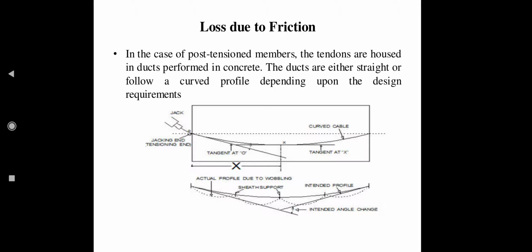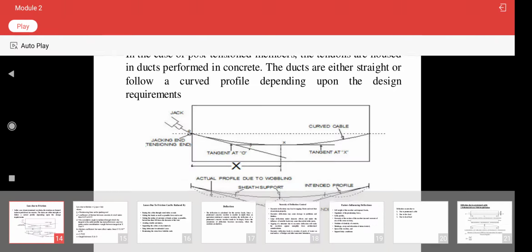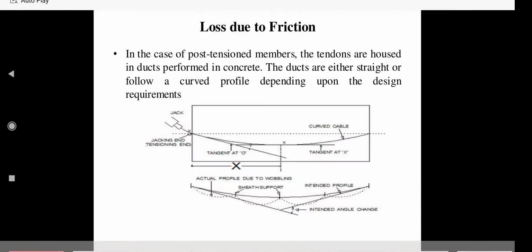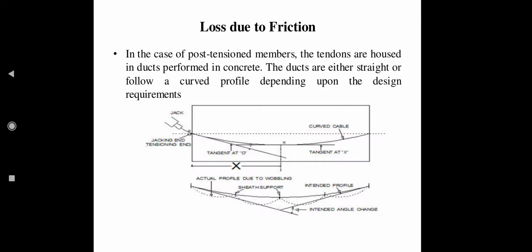For this purpose, we will apply the tensile force at the free end by using a jack. While doing this, the cable will come in contact with the surface of the duct which is provided within the concrete member. As a result of this, friction is developed.